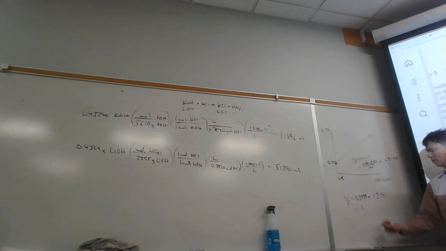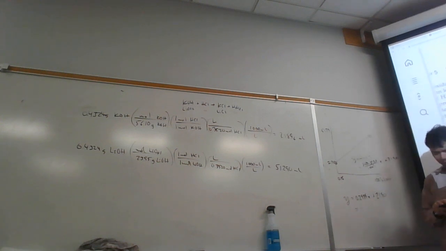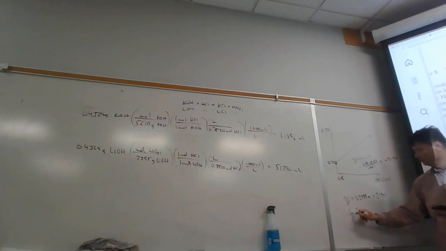I'm solving for x. So this is 28.28 minus 21.9, which is 6.38.